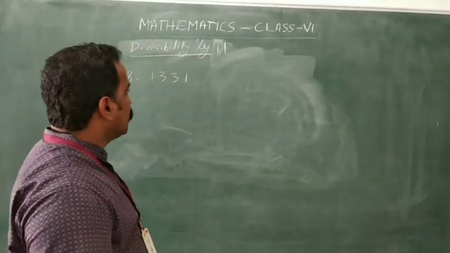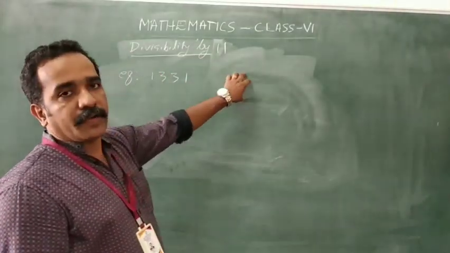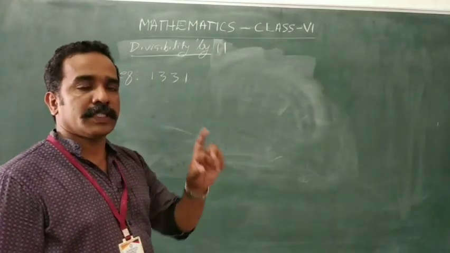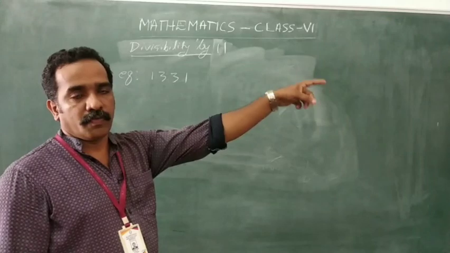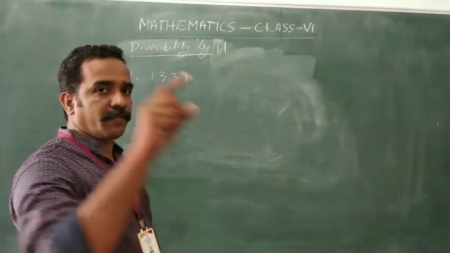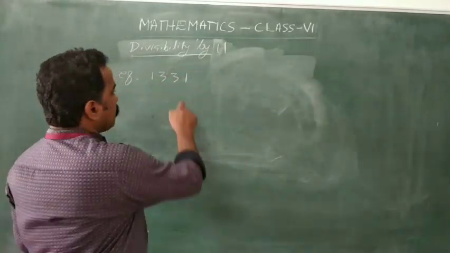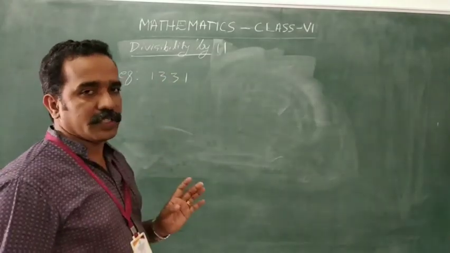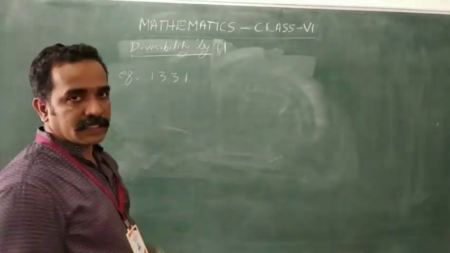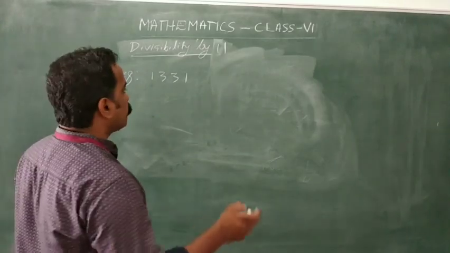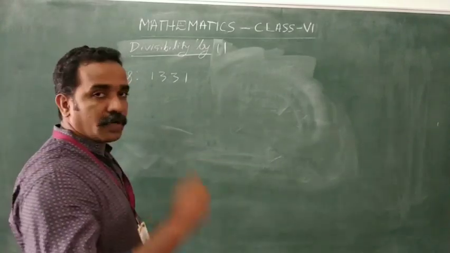You have to check the even and odd places. Odd means 1, 3, 5, and so on. Instead of the Indian place value system, number the places from right to left using the natural numbers.